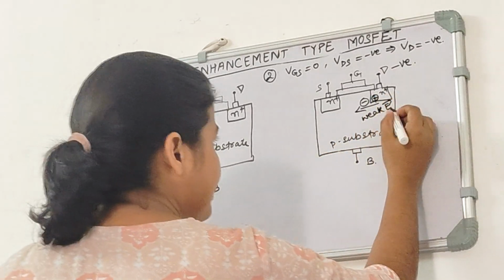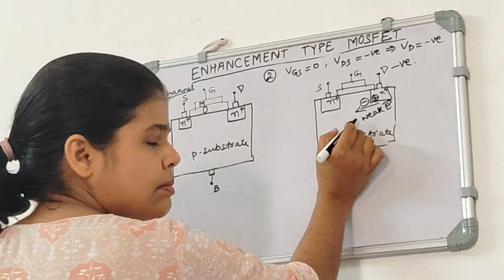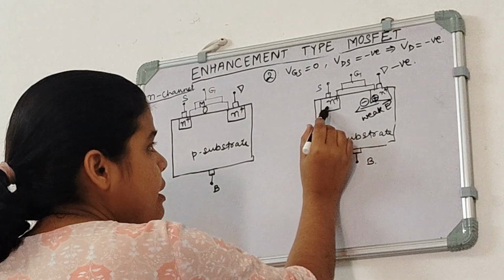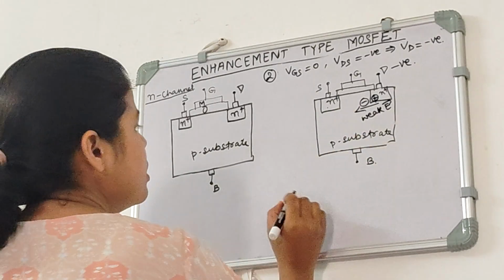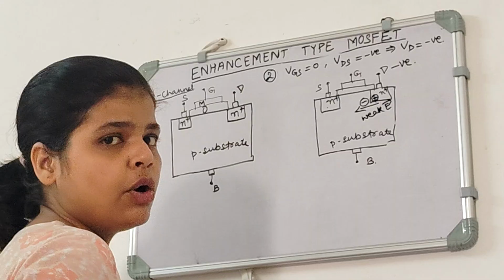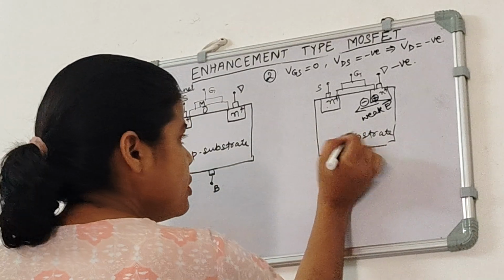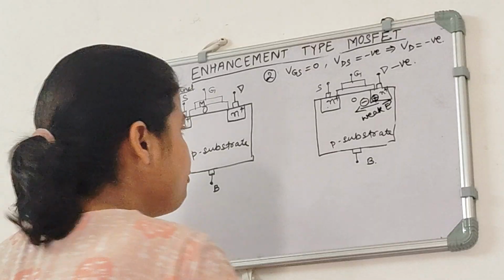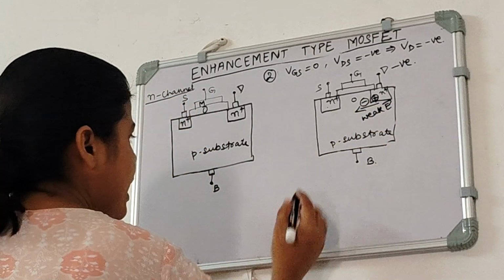And this weak electric field won't be able to attract the electrons of the source. So it will just move the holes of the P substrate, because in P substrate we also have holes with negative immobile ions.